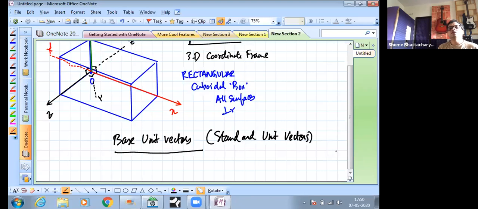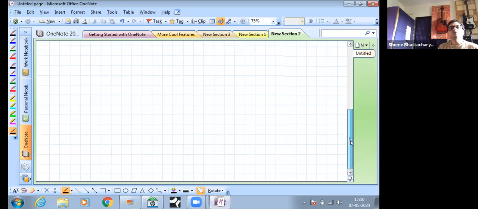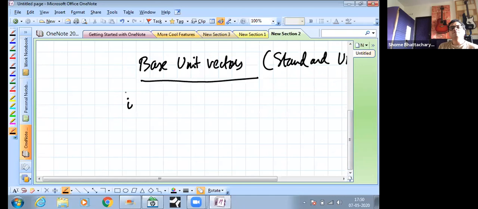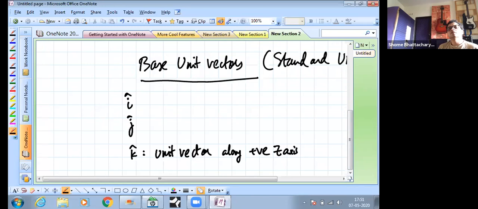So over here we have i cap and j cap as usual, as we had before. But now we have an additional one which is called k cap. So i cap and j cap will have the same definition, but k cap will be the unit vector along the positive z-axis.